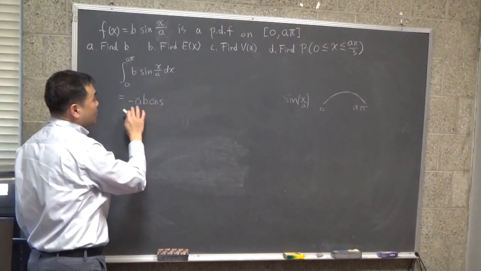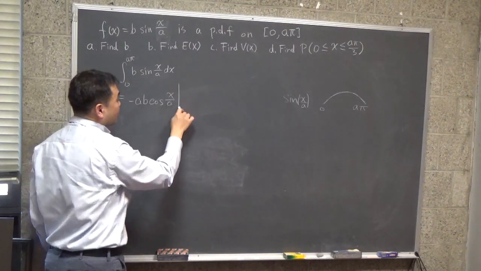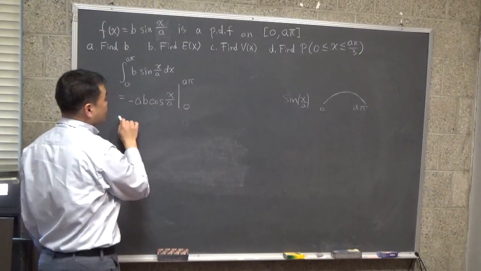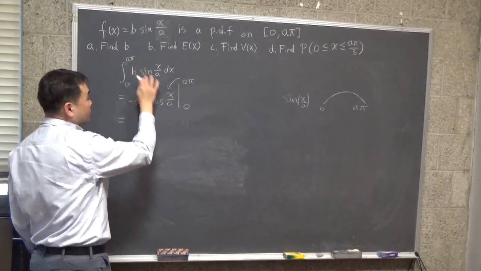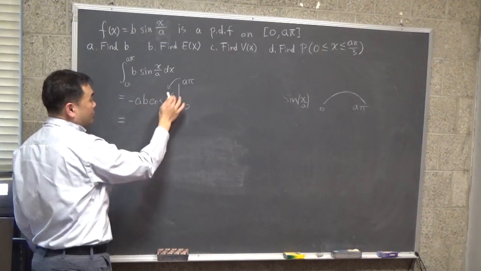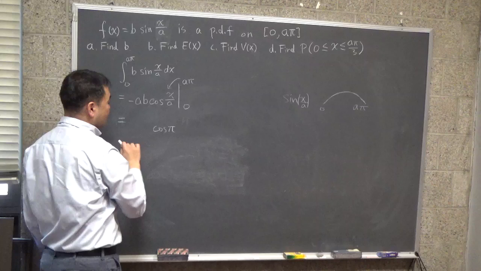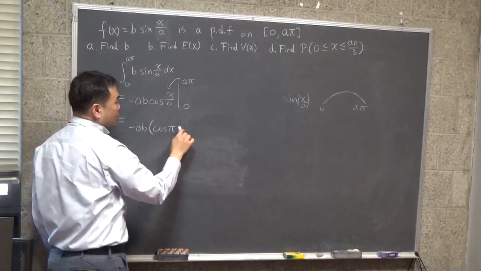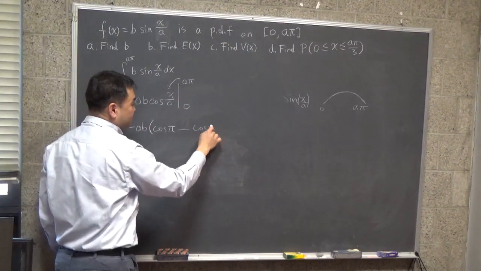So you have negative ab cosine x over a, and you're plugging in a pi and then 0. When you plug in a pi, a pi divided by a is just cosine pi. Let's factor the negative ab out. And then when 0 is plugged in, it's cosine 0.